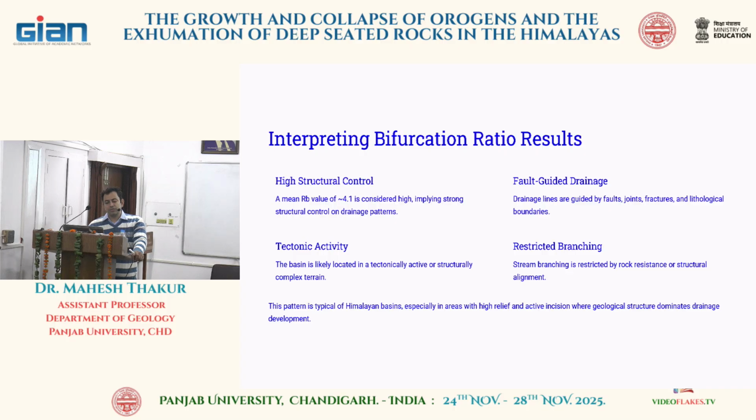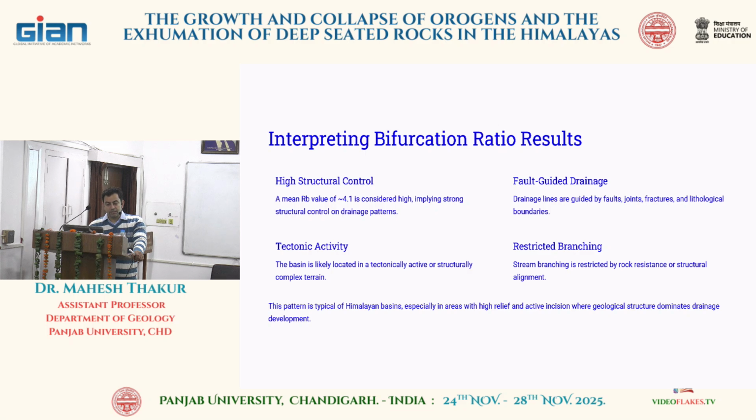Interpreting the bifurcation ratio results. High structure control: a mean bifurcation ratio value of 4.1 is considered high, implying strong structural control on drainage pattern. Fault guided: drainage lines are guided by faults, joints, fractures, and lithological boundaries.